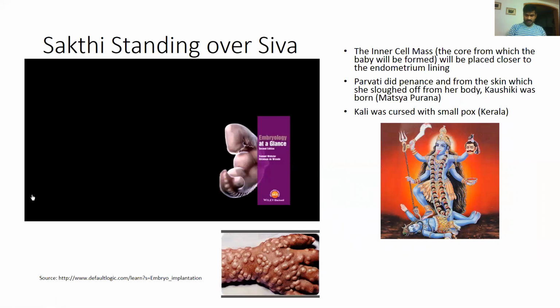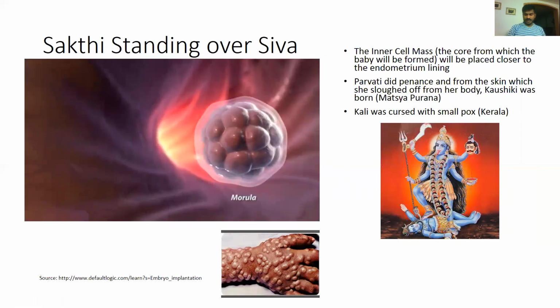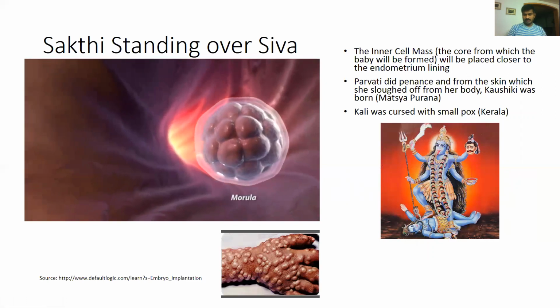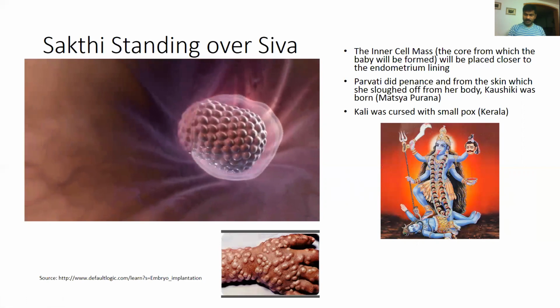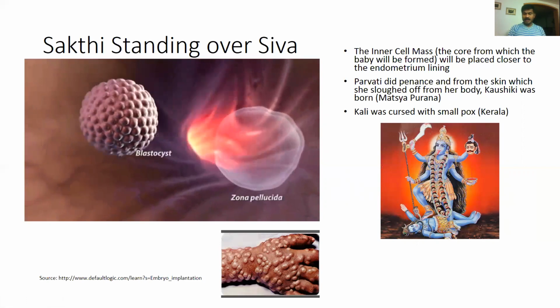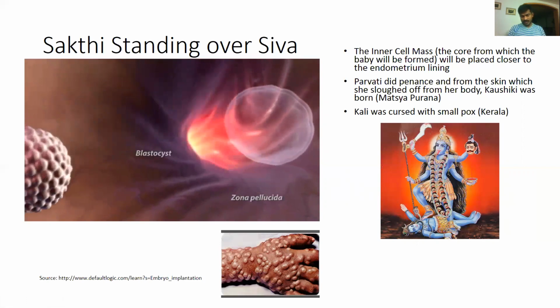Now we will first see the process through which the outer layer is removed. And this is what I mentioned as hatching. This is the morula. Now the cells divide and they come out of the zona pellucida.